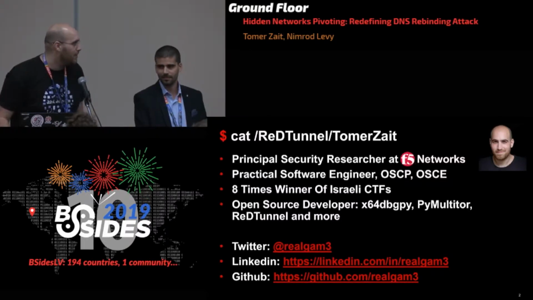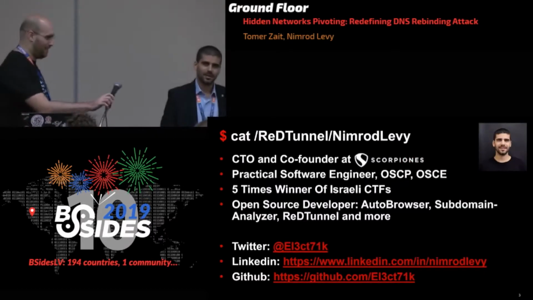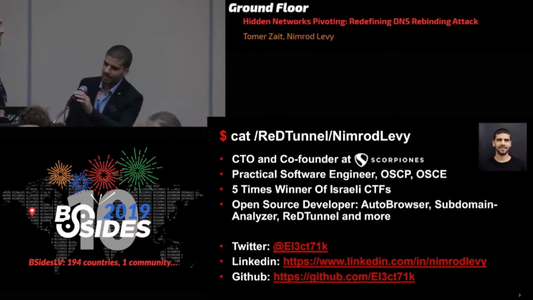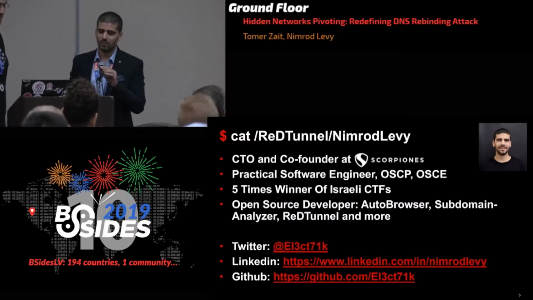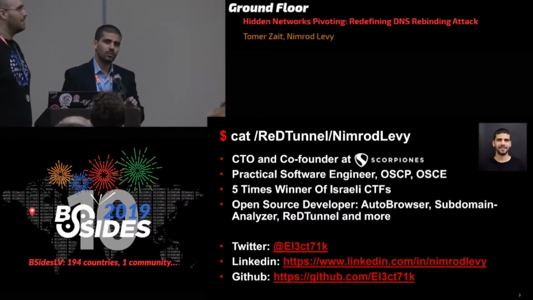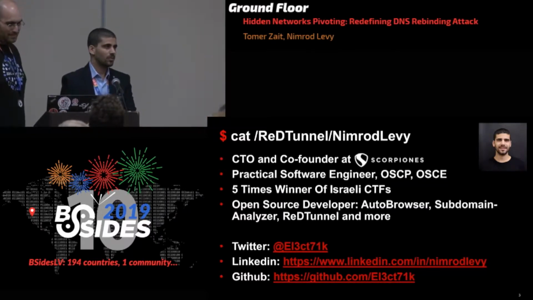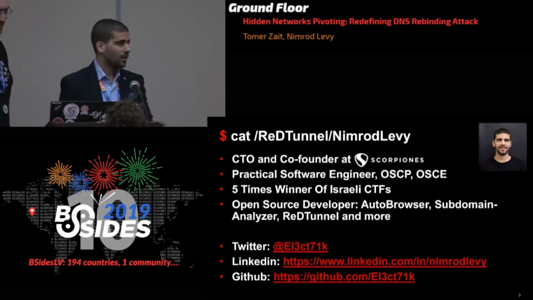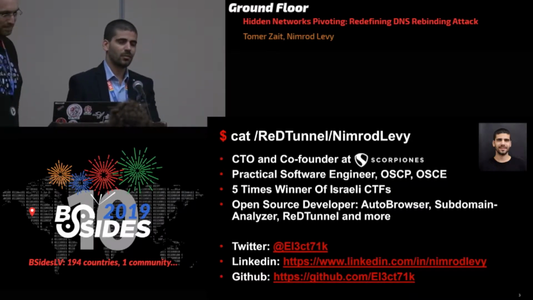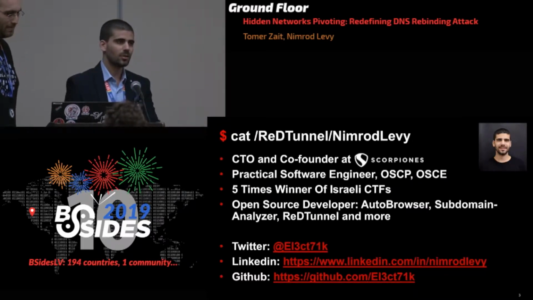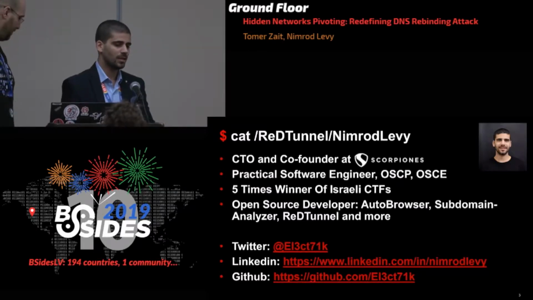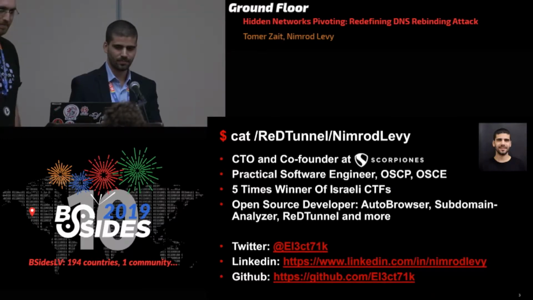Now, Nimrod. Hey everyone, my name is Nimrod Levy. I am the CTO and co-founder at Scorpiones. I'm here to talk to you about DNS rebinding automation and a tool that we developed called Retinal. In my daily work, I perform research on various technologies, conduct red team operations, and give back to the community by developing open source tools.